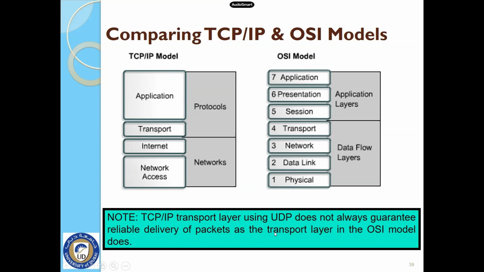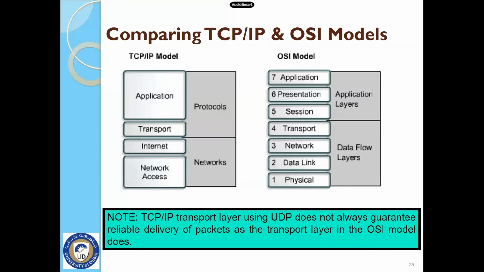So what it means here, in the TCP/IP model at the transport layer, remember we have TCP and UDP. Now, if for some reason the message was sent following the UDP protocol, UDP basically sends the data but does not receive any confirmation whether the data has been received or delivered.